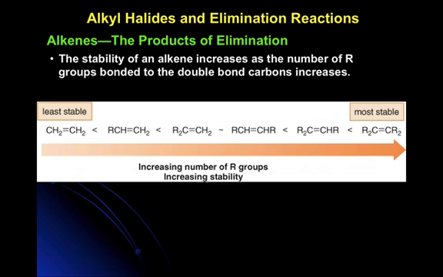Now, I mentioned earlier that the more substituents you put on an alkene, the more stable it is, and that's what we're seeing here, okay? So we know that unsubstituted alkenes like ethylene are unstable. They readily polymerize, for example.